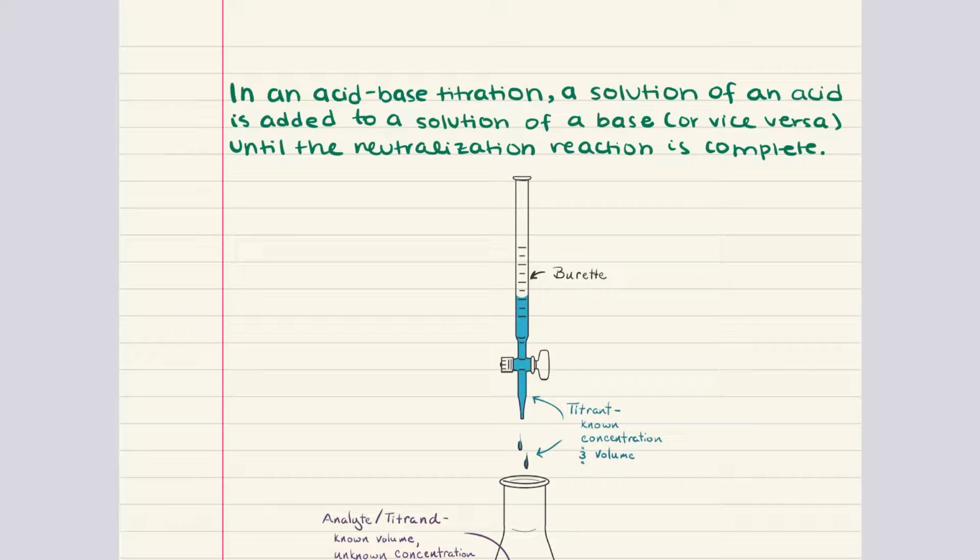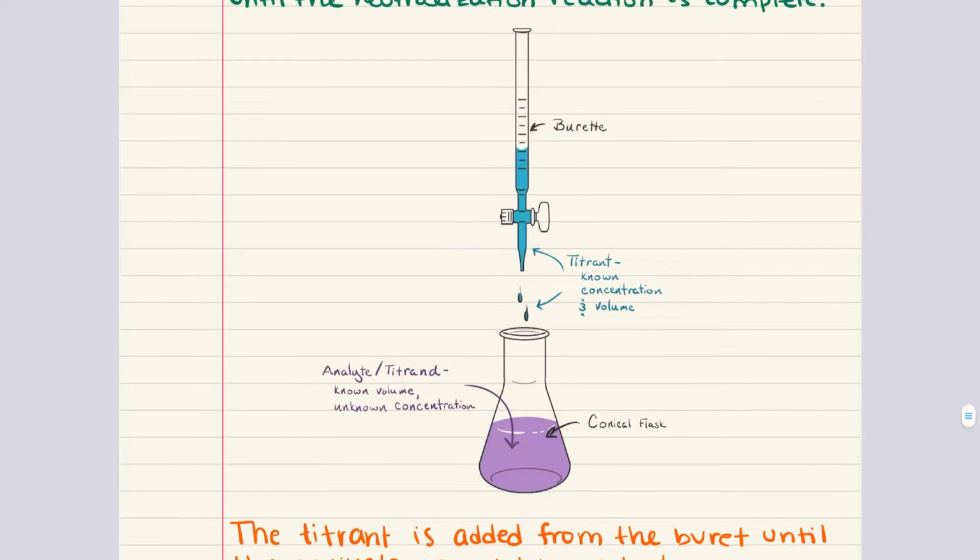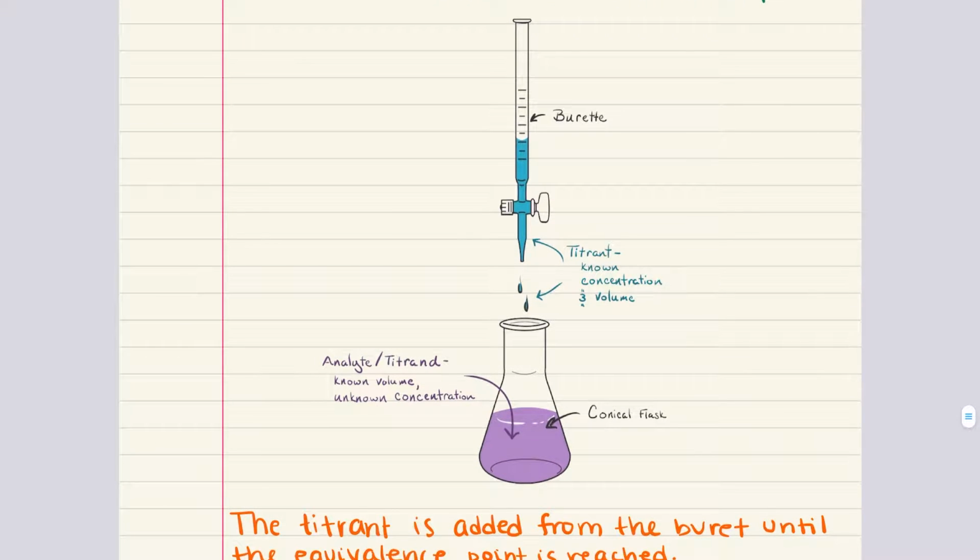Titration is a fundamental lab technique that's used to determine the concentration of an unknown solution by reacting it with a solution of known concentration. This method is crucial for quantitative analysis in chemistry, particularly for analyzing acid-base reactions and redox reactions, to name a few examples. In a typical titration, the solution with unknown concentration is known as the analyte, and this is placed in a flask.